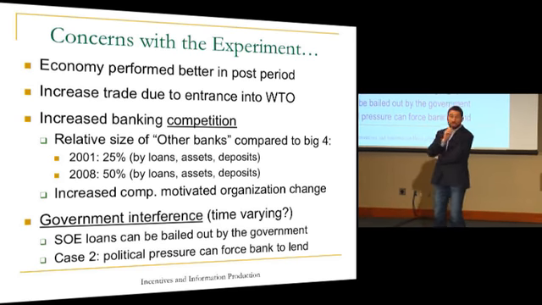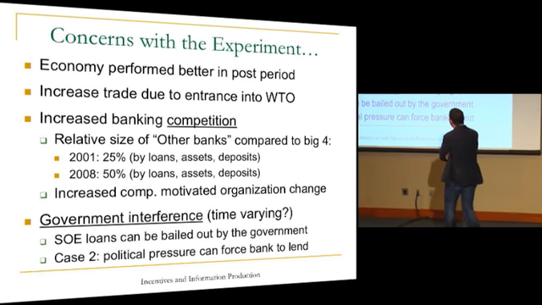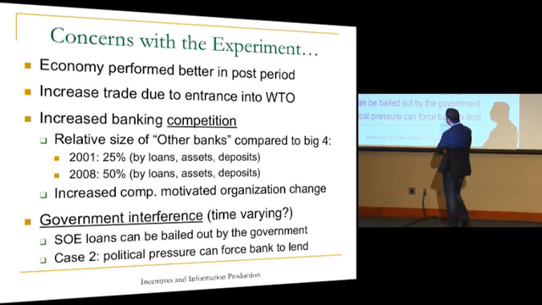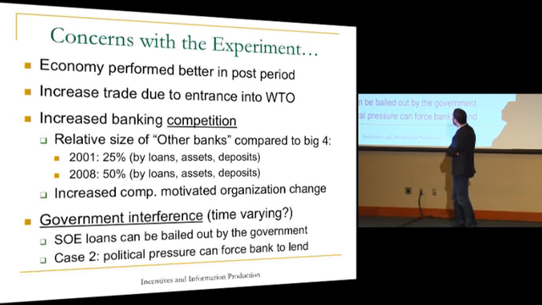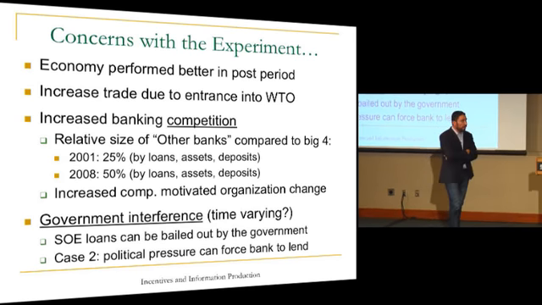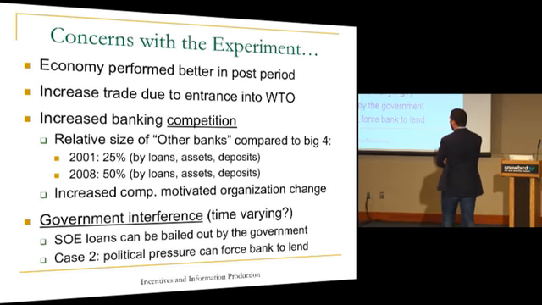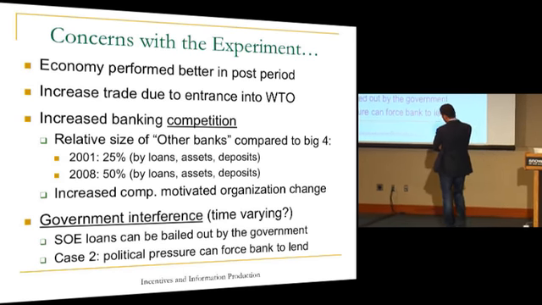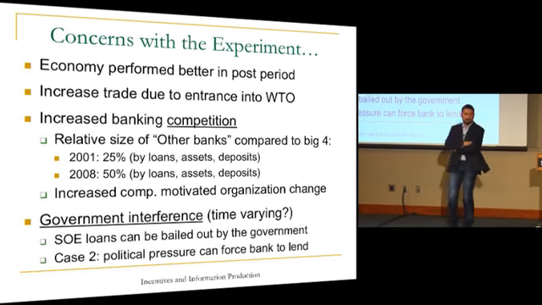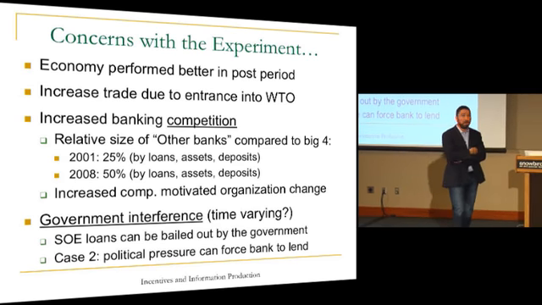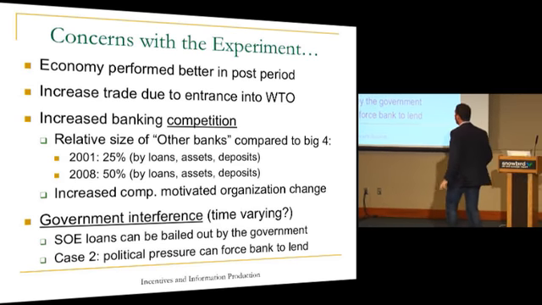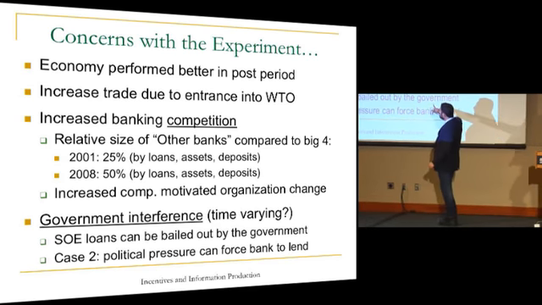So we also know that the economy is performing better, that there's an increase in banking competition. Okay, so outside of the top four, about 25% of lending is accounted for by other banks. In 2001, that is doubled by 2008. So bank lending might be more competitive, and we might be worried that government interference is time varying.